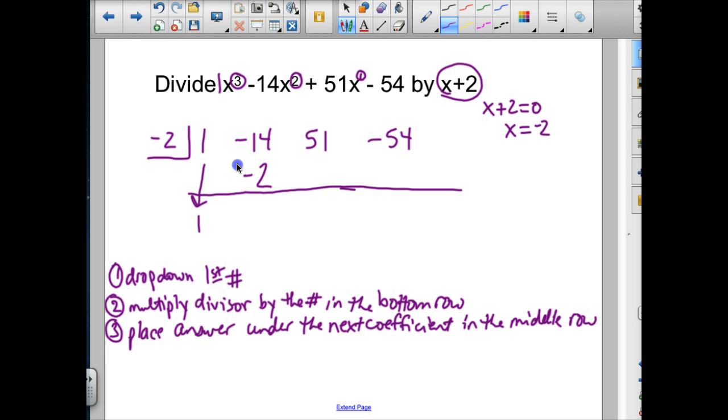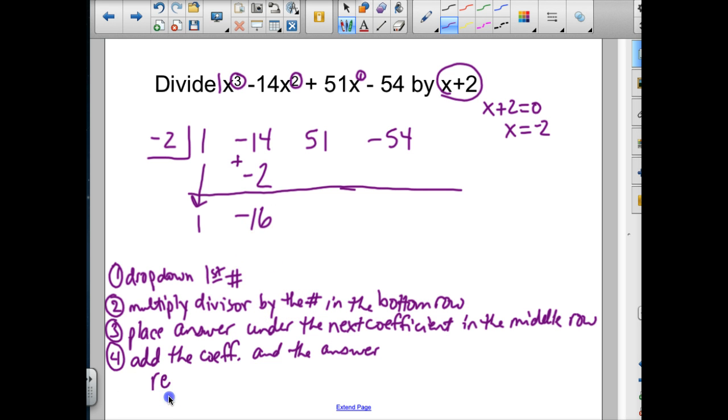And then you add those two together. Add the coefficient and the answer, and you put the answer down in the bottom row. So we have negative 16.